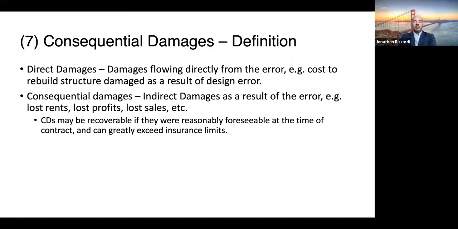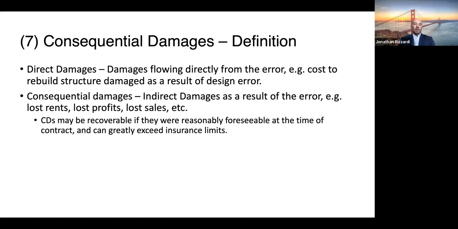Consequential damages, a little bit different. They're indirect. So, if you're designing a hotel, for example, and part of the hotel collapses because of a design error, then you could be liable for the lost profits from the renting of those rooms, that kind of thing.